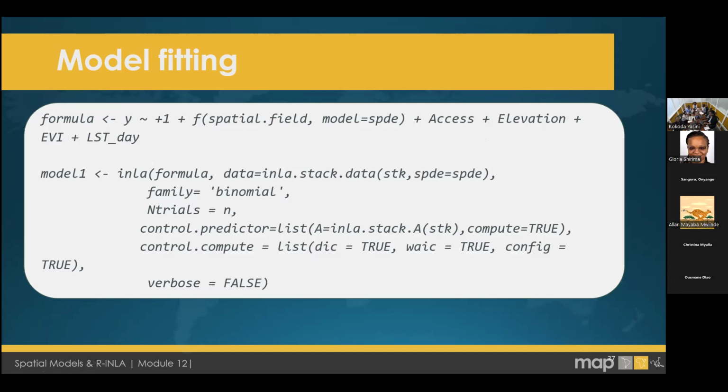And you call the INLA function, which takes these arguments and where you can specify your probability distribution, which is binomial in our case.